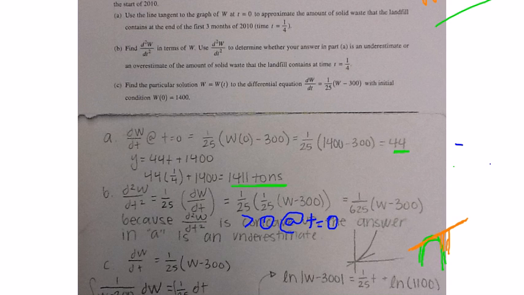It always has a higher value. So if the second derivative were negative, the answer would be an overestimate. But since it is positive, we know it's concave up, which means A is an underestimate.